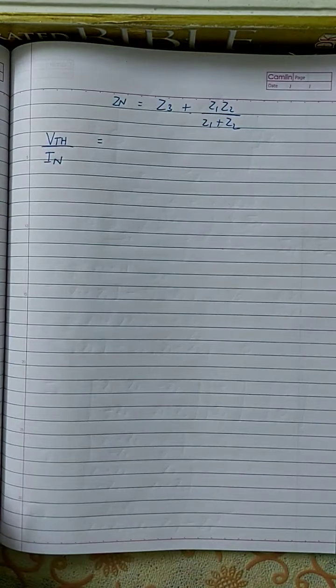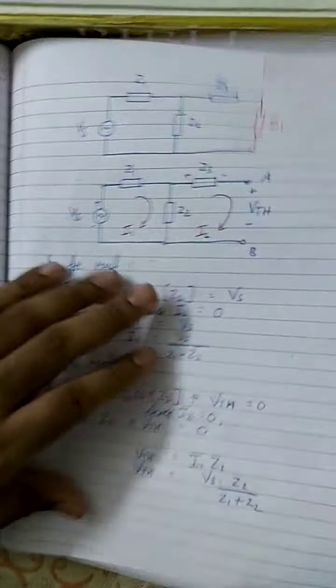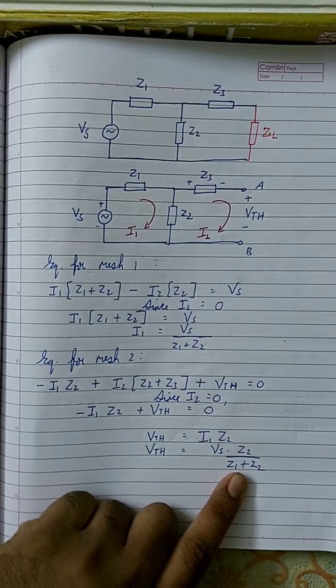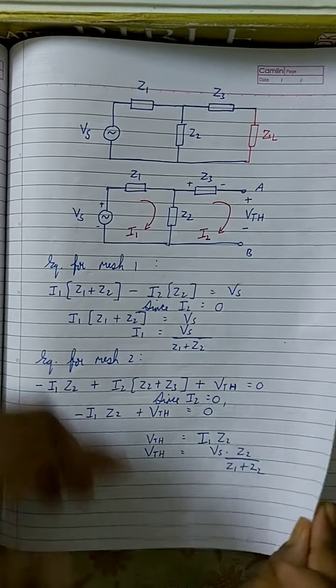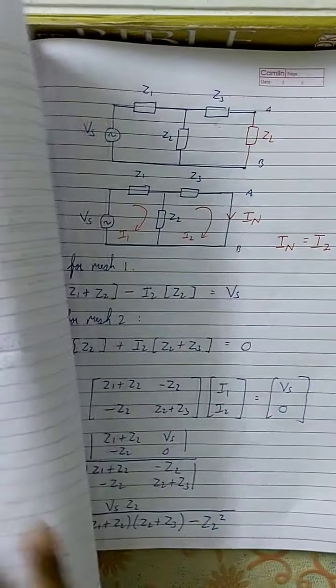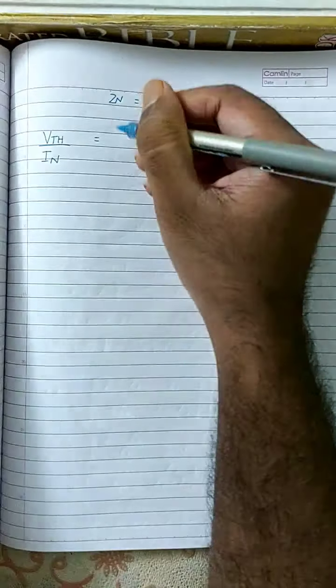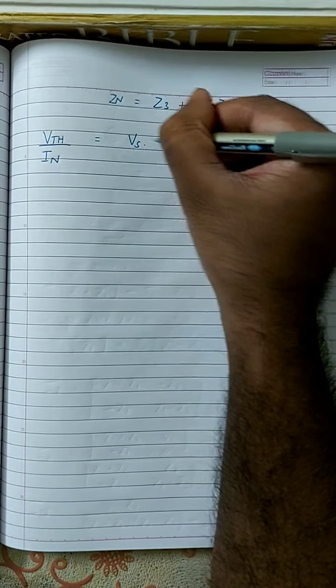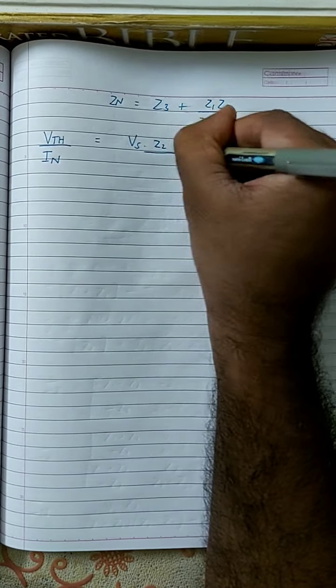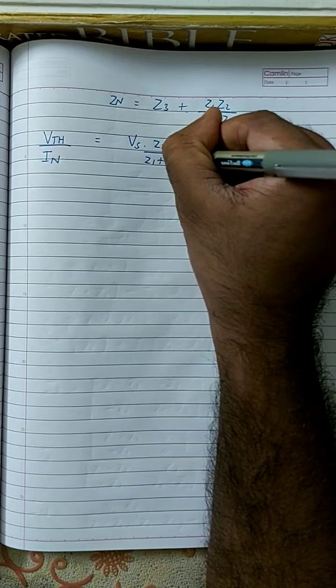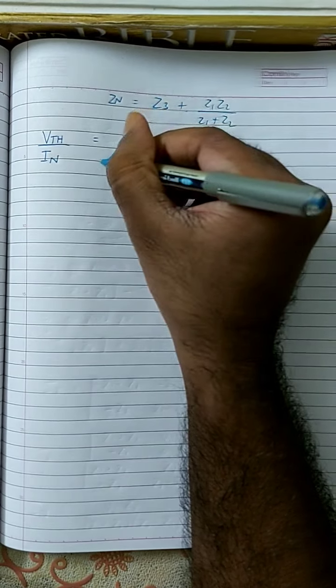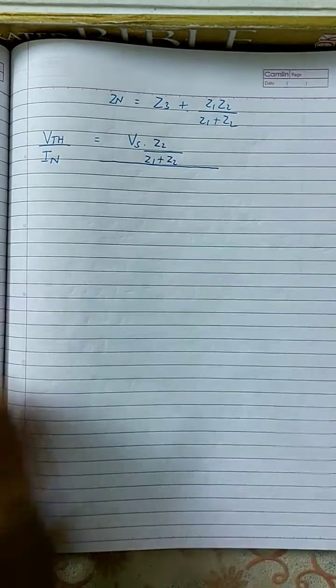So what is VTH? We have already found VTH, right? What is VTH over here? Yeah, it's over here. VTH is Vs into Z2 by Z1 plus Z2. This is VTH by, now what is IN?